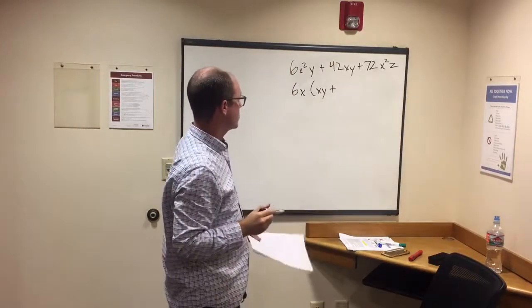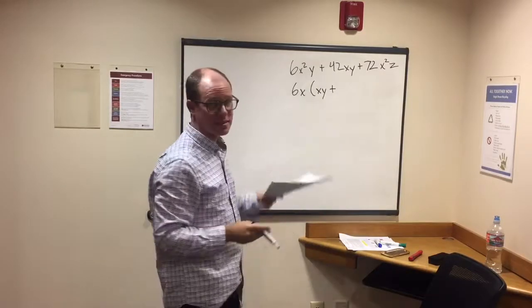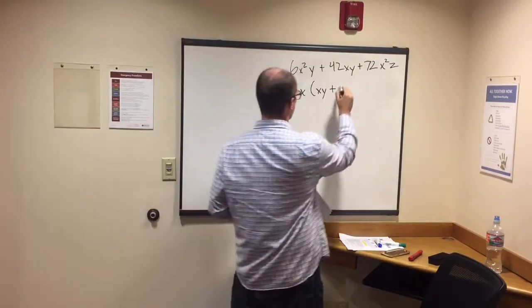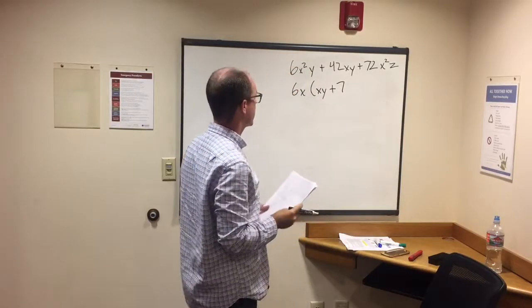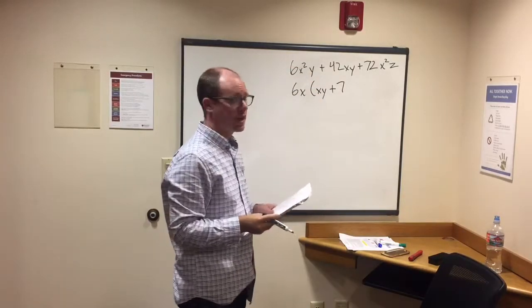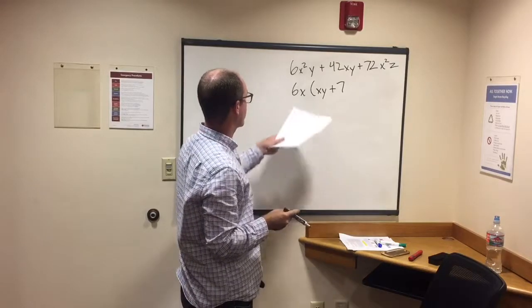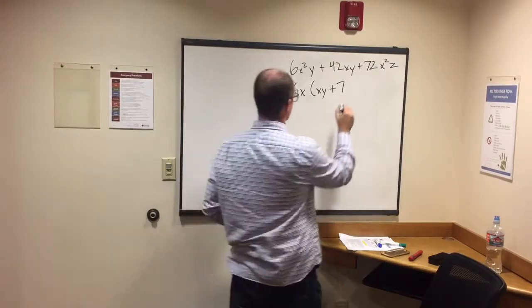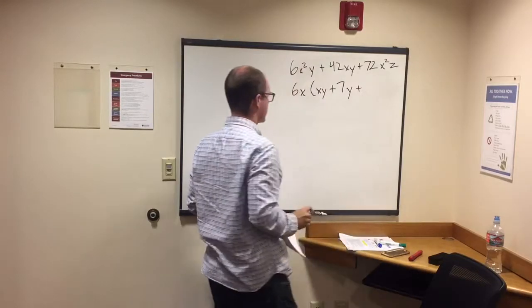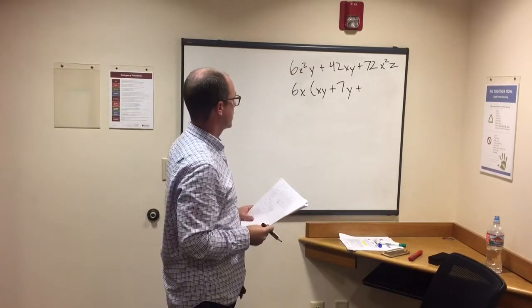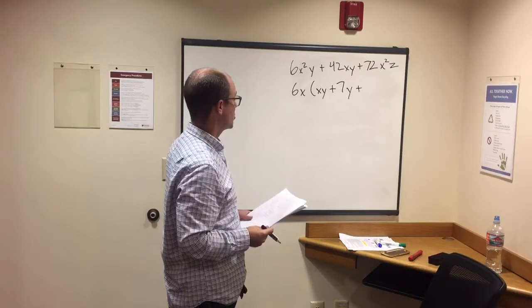So we have that 42 up there. So we need to know that, again, 6 times 7 is 42. So we start with a 7, okay? And the answer up here was 42xy, right? I've already got my x, but I need to throw a y on there probably. That looks good.